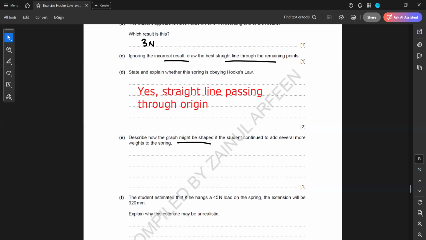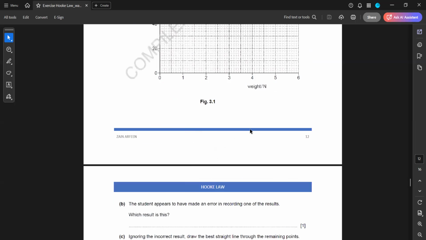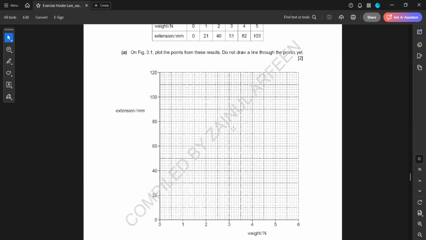So if you are adding more weights, what will happen? Eventually, it will not obey Hooke's law, or it will become a curve. And in which direction will the curve bend? It will bend towards the extension axis. So in this case, where we have the extension axis, the y-axis is the extension axis.